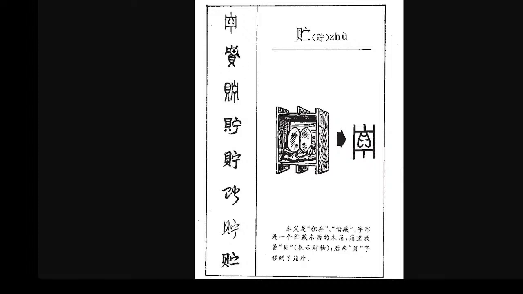So literally it is money in the storehouse. That's the picture. And also the oracle bone looks like a shell inside a box. So anyway, this is like a box storing money, so that means store. Okay, safe, store. So this is 住.